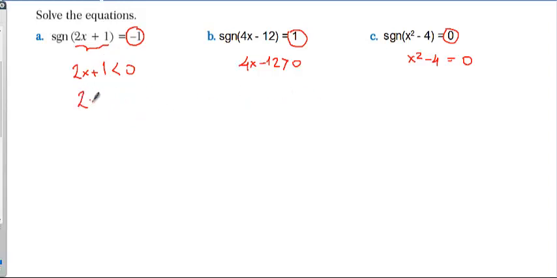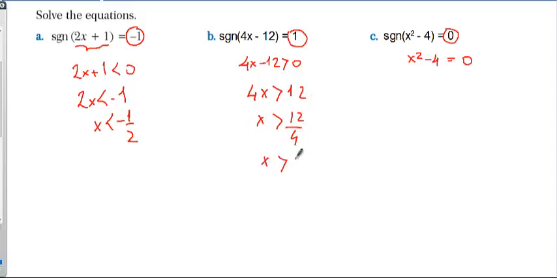Okay, 2x smaller than -1. This is the solution method of the inequality: x smaller than -1/2. What about 4x greater than 12? x is greater than 12/4, so x is greater than 3. For x squared minus 4 equal to 0, x squared should be equal to 4, and x should be plus and minus, this is also important again, plus and minus 2.